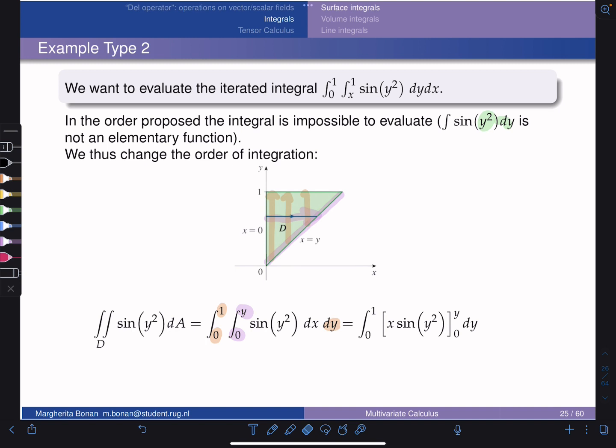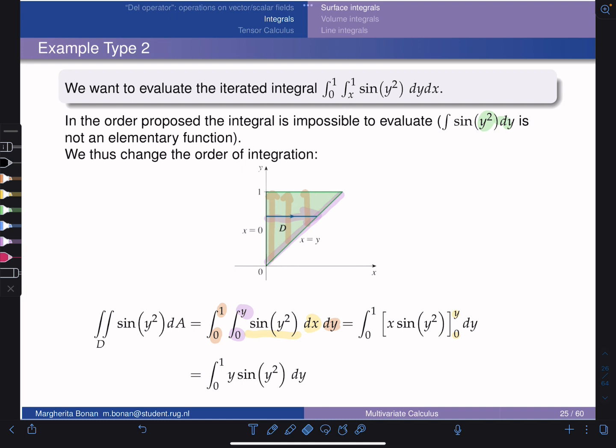We can just proceed to calculate our double integral. So we get the integral from 0 to 1, and then we integrate sine of y squared with respect to x, but in this case nothing depends on x, so we get just x sine y squared. The bounds are 0 and y. Then we just substitute the bounds, and we get this integral.